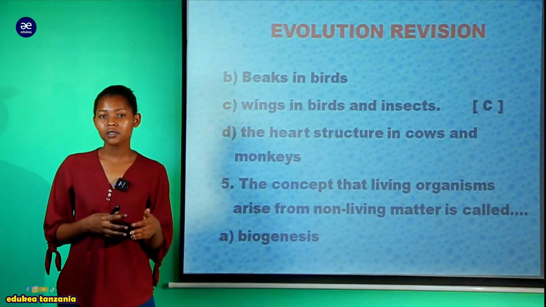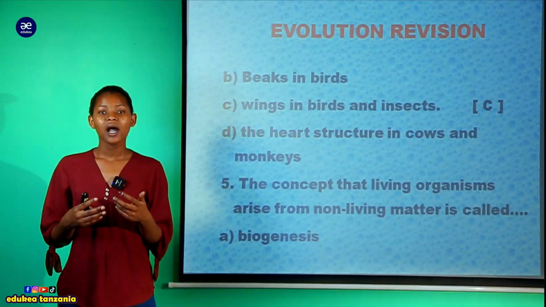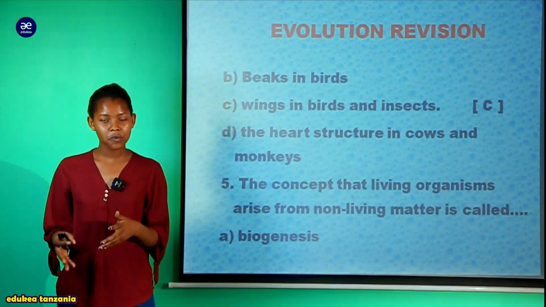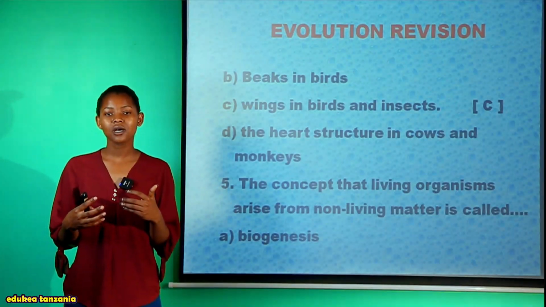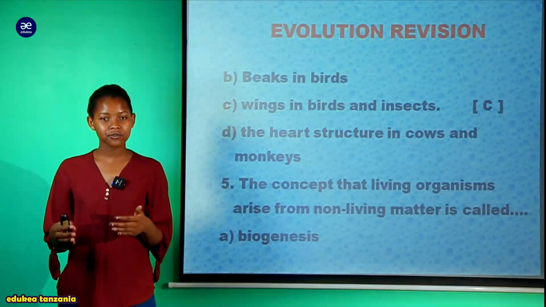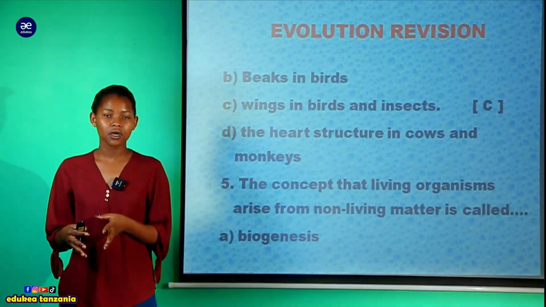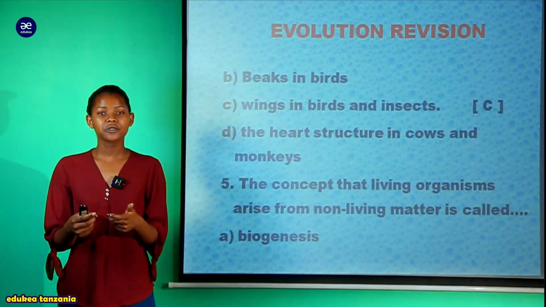Most of them use their beaks to eat seeds. Others use their beaks to eat small microorganisms. Others use their beaks to eat flesh food. Others use them to eat meat and so forth. Because we are looking at the variation in the shapes of their beaks.